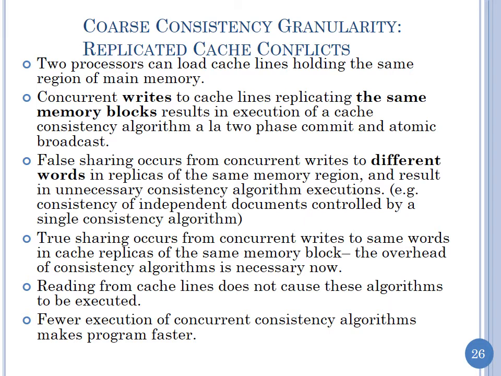So we want to make sure that we don't have conflicts. Okay? Conflicts occur when we do writes. Whenever a processor writes to a cache block that has cached parts of memory that are also cached in another processor, then we need to run a cache coherence algorithm, which is very much like the consistency algorithms we've studied.